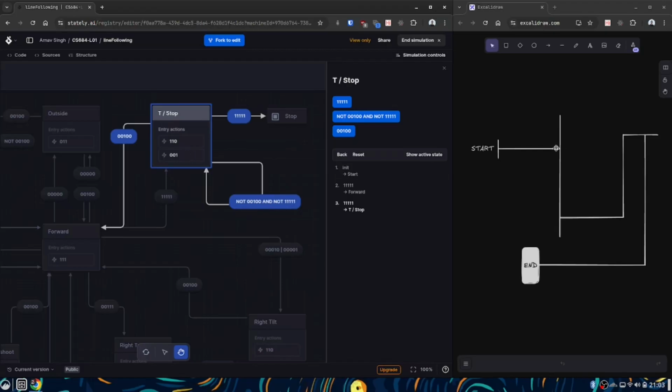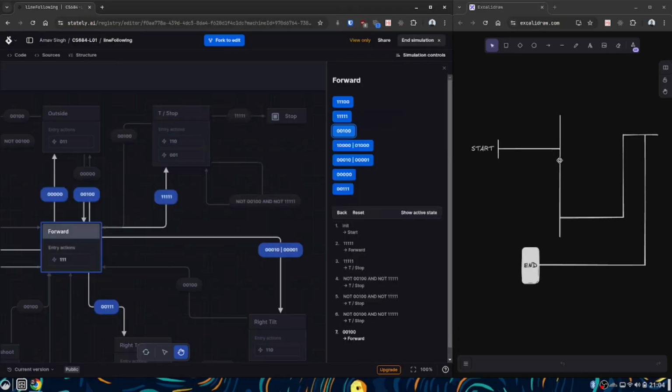The robot will eventually turn all the way rightwards here, pointing in this direction. At that point, the sensor input will be 0, 0, 1, 0, 0, and the robot will continue. This will happen a few times, and then 0, 0, 1, 0, 0 corresponds to the robot being on the straight path.